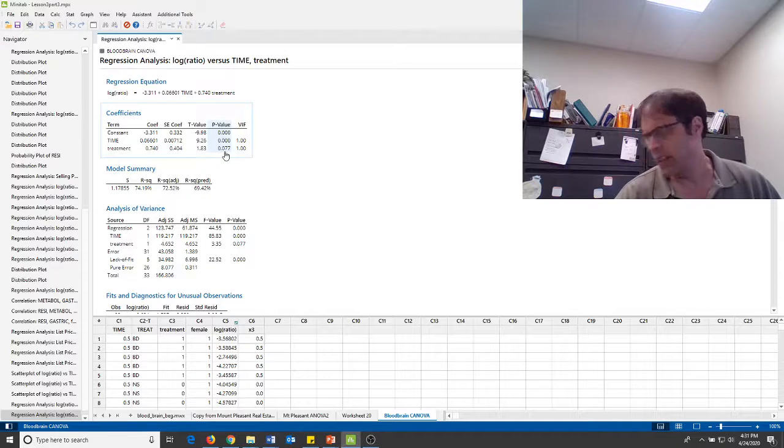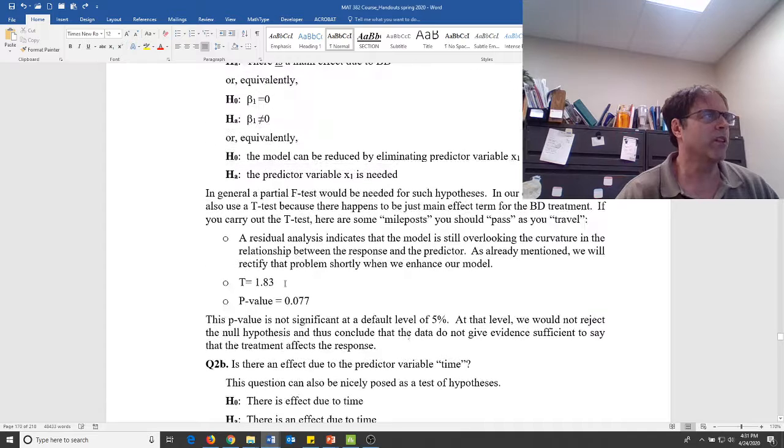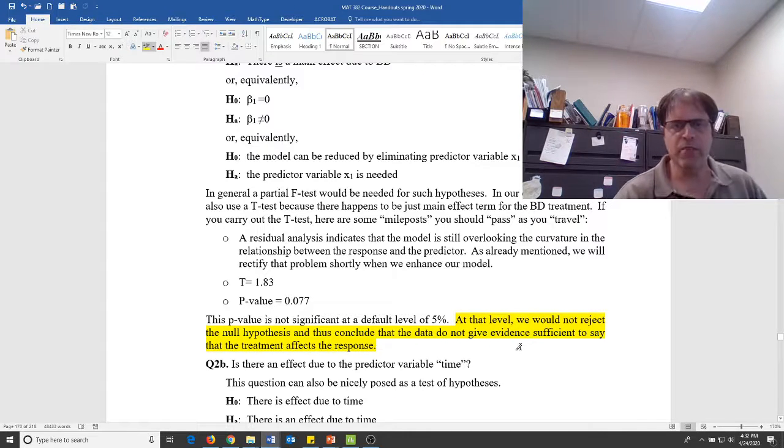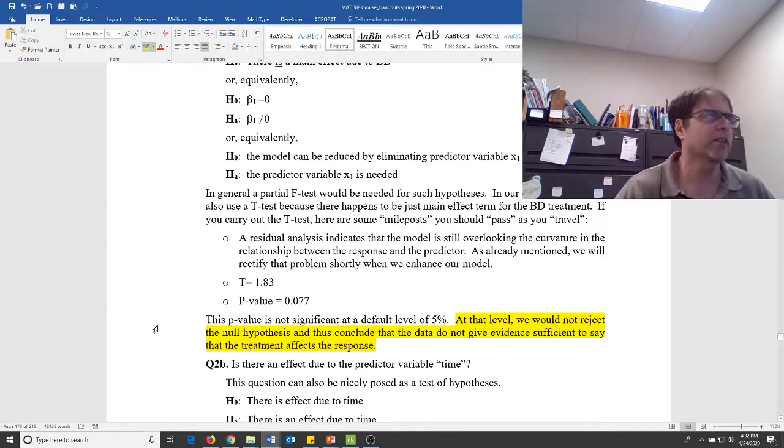That's above our significance level, and so we would not reject the null hypothesis and conclude that the data do not give evidence sufficient to say that the treatment affects the response. Now, just remember that point at this time, that we had this example where the treatment did not appear to affect the response.